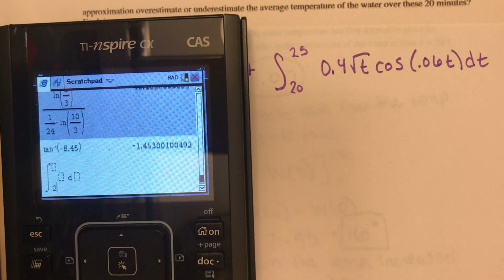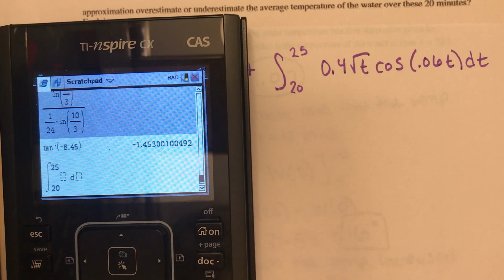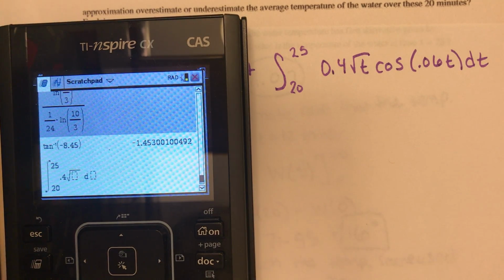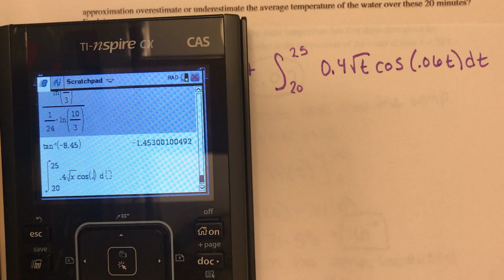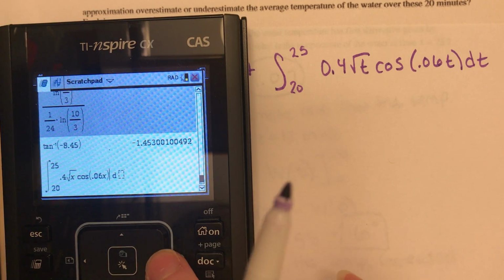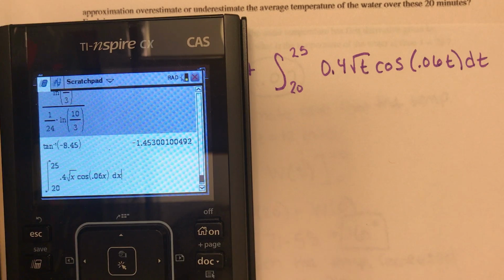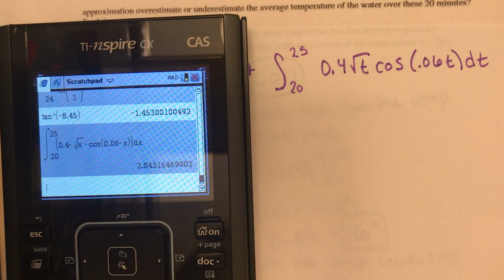And I'm just going to type in the 20 to 25, 0.4 square root of, I'm going to use x, cosine of 0.06 x dx, and then I'm going to add that 71 to it.